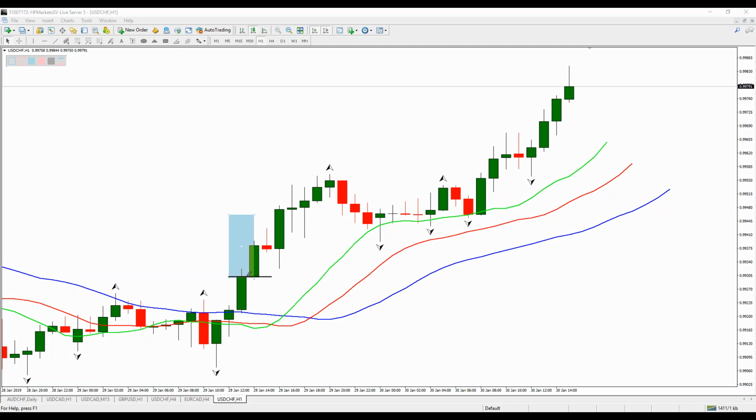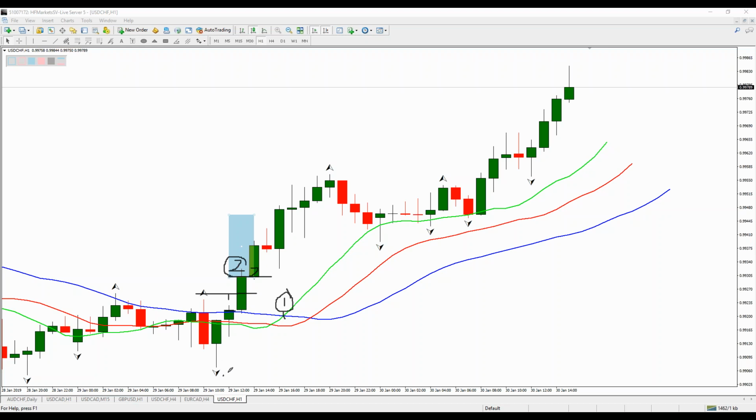Why do I say here is our entry point? First, it must cross. If we take 1, 2, 3 candles back, when this candle completes, this has already crossed. This is rule number 1. Rule number 2 is it must break the fractal. Rule number 2, it must break a fractal.